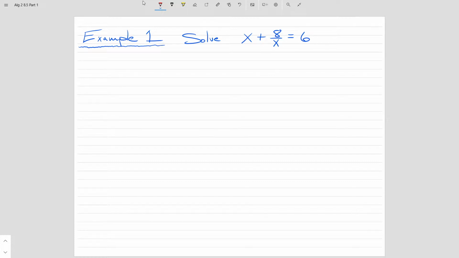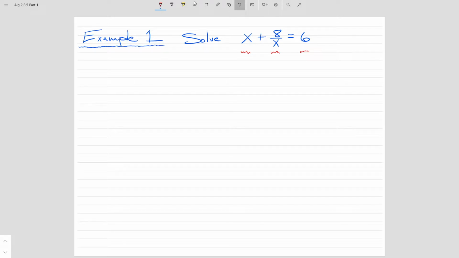So the way we're going to do this is we're going to look at all three terms, because the x, the 8 over x, and the 6 are all individual terms. And only one of them shows a fraction. You know, technically x is over 1 and 6 is over 1. So they're all fractions. So finding the least common multiple, or the common denominator, is actually awfully easy just because there's only one fraction in this one.